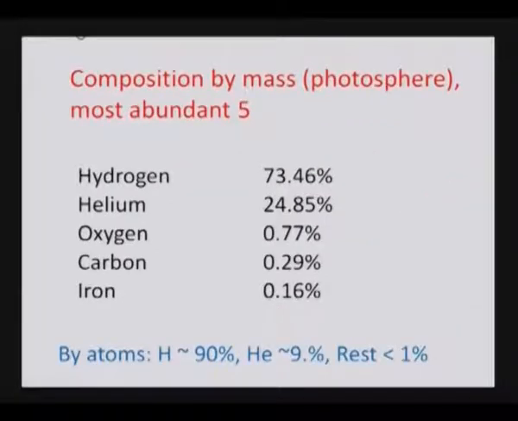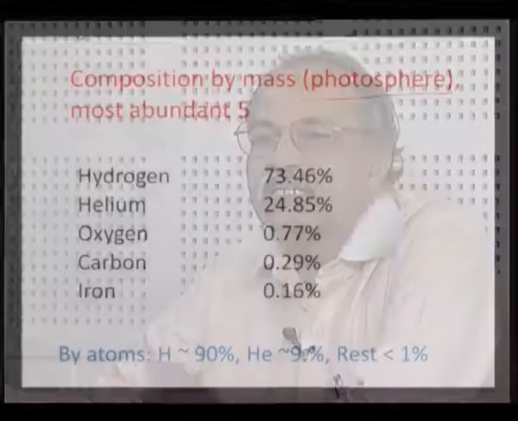Then the composition of the sun by mass. As you know, it is all gaseous mass. So, what are the elements in that? And I am talking of the photosphere. I will talk about what the photosphere is. It is that outer layer of the sun that is visible from Earth during daytime, about 400, 500 kilometers thick.